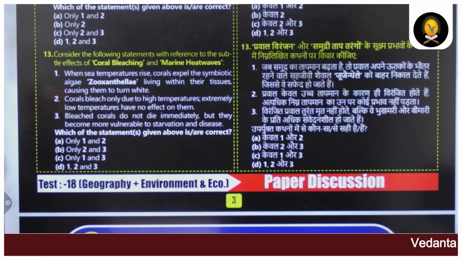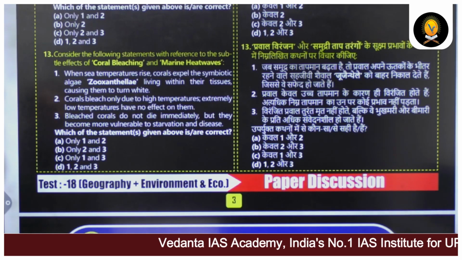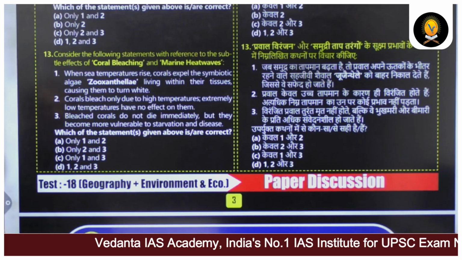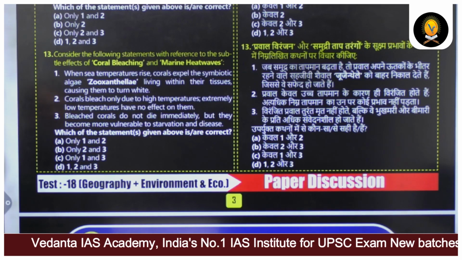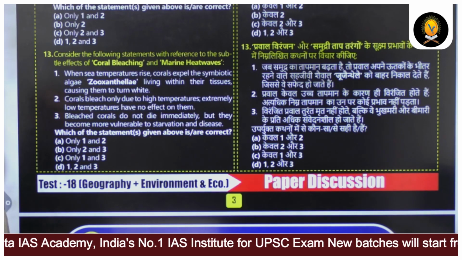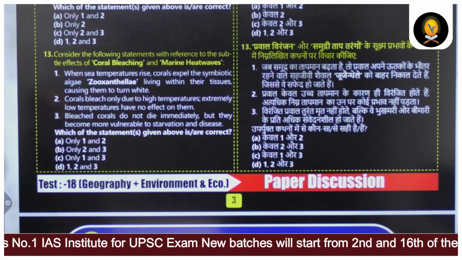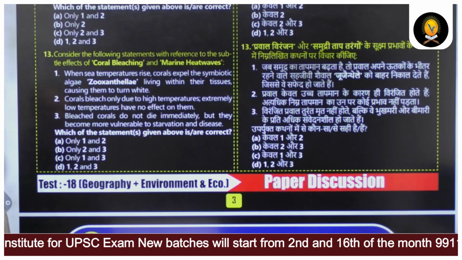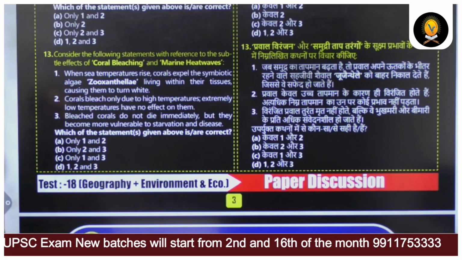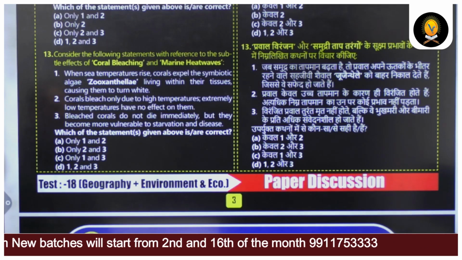Consider the following statement with reference to the effect of coral bleaching and marine heat waves. When sea temperature rises, corals expel the symbiotic algae zooxanthellae living within their tissues, causing them to turn white. Correct. Coral bleach only due to high temperature. Extremely low temperature have no effect on them. Yes, bleached corals do not die immediately, but they become more vulnerable to starvation and disease.